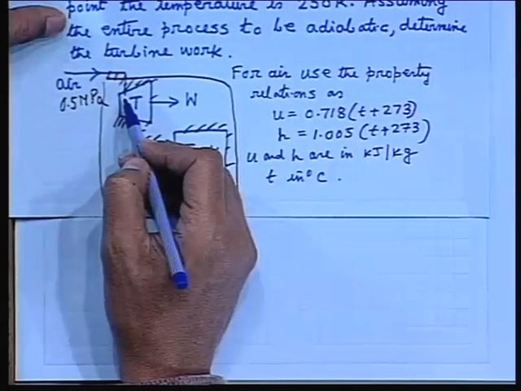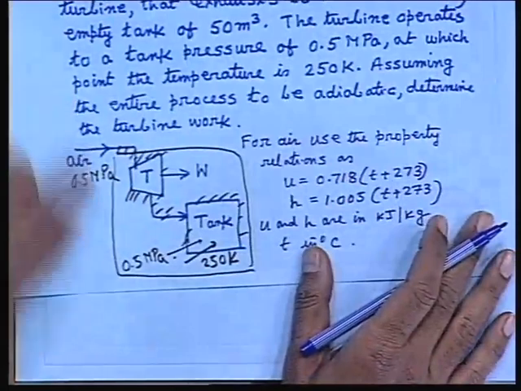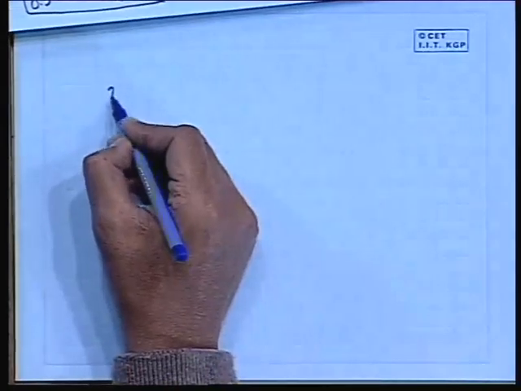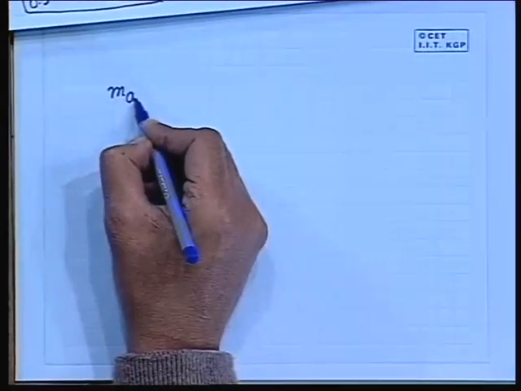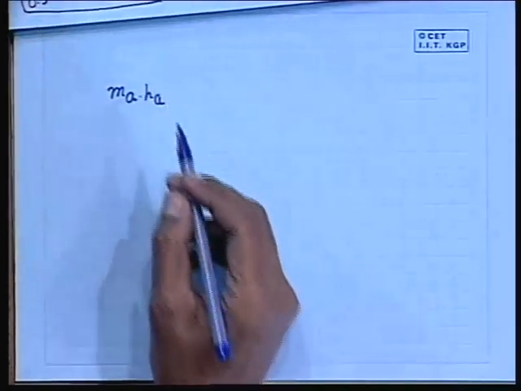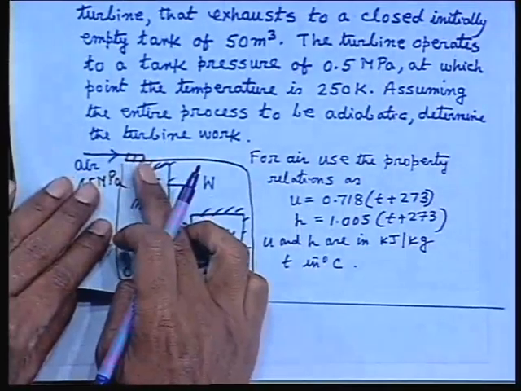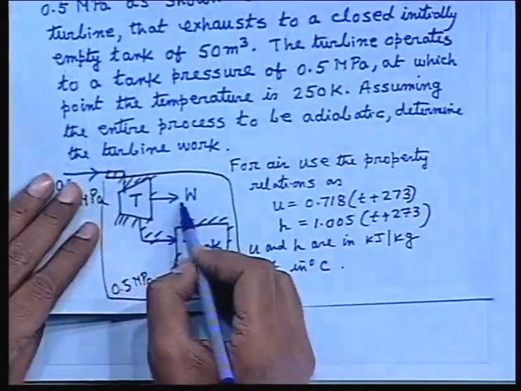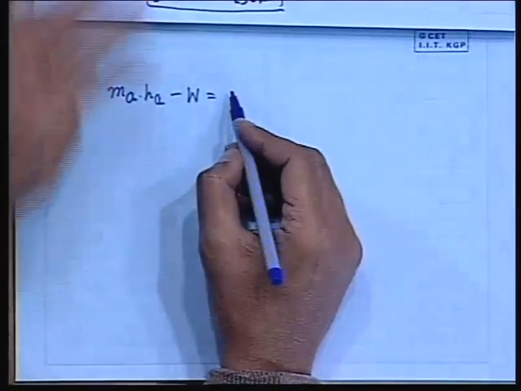That is the inflow. Now it is a definite process over a finite time. Similar, that means the mass of air which has come in, the enthalpy of air, that is the mass coming in, energy coming in, minus the work done, W control volume, will be equal to what?